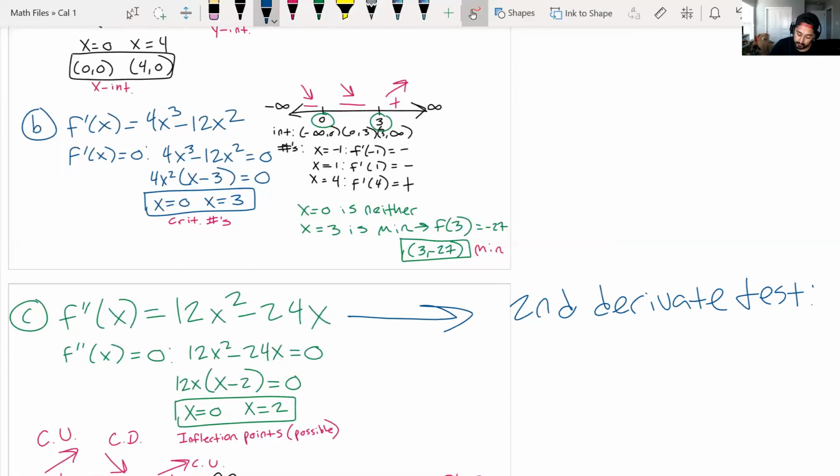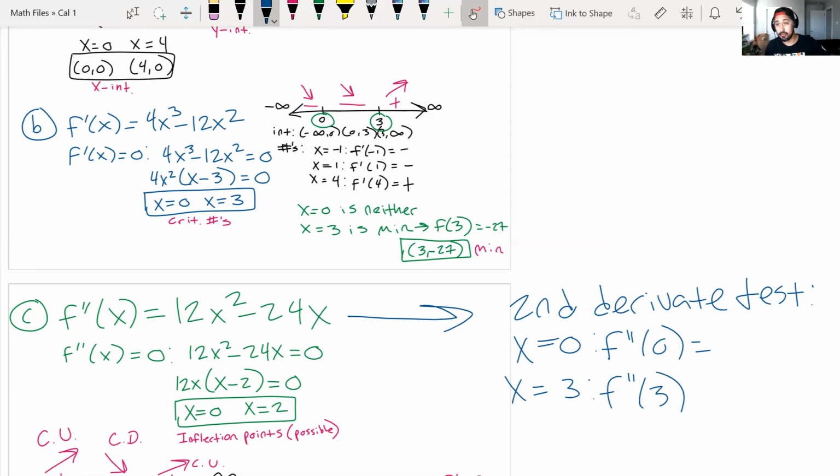My critical numbers from above were 0 and 3, which means I would have f double prime of 0 and f double prime of 3. What we're looking for is positive or negative outputs.